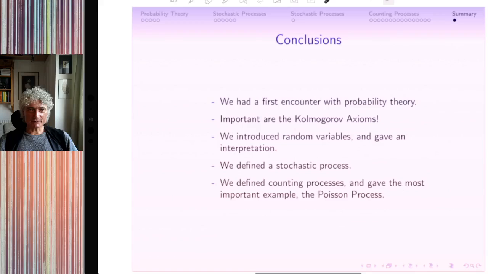And the only difference to counting events will be that these processes then later will be assumed to happen very, very, very often, so that you can talk about rates and you can define differential equations. So it's very important to understand counting processes first. And yeah, this concludes the lecture for today.